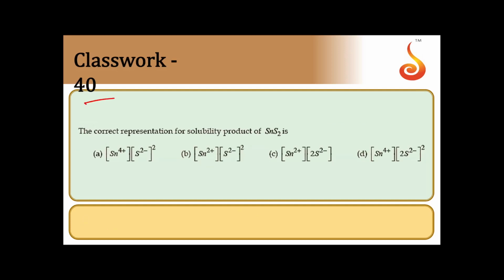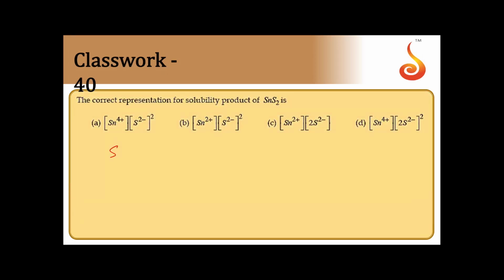40th one. Correct representation of the solubility product of SnS2 salt. SnS2 will ionize into Sn plus 4 and 2S minus 2. The ions are Sn plus 4 ions and S minus 2 ions.